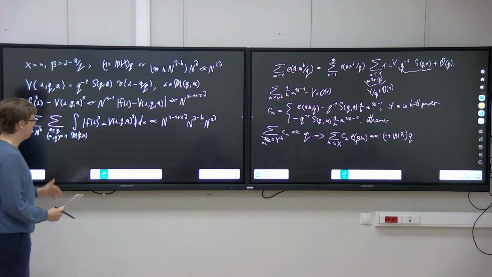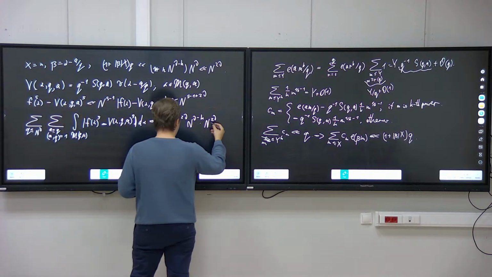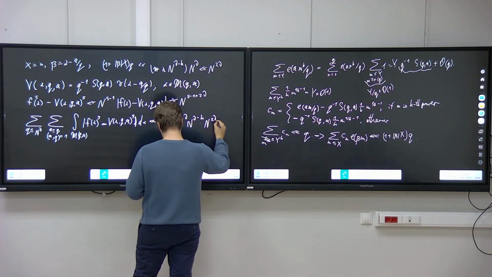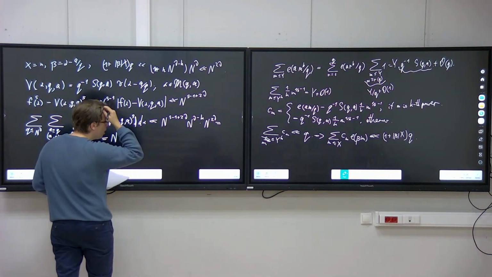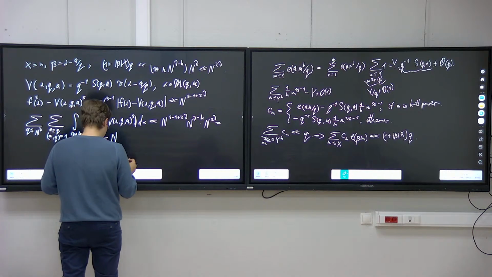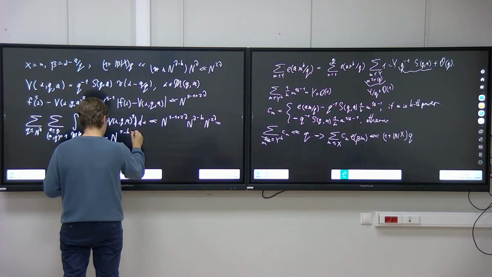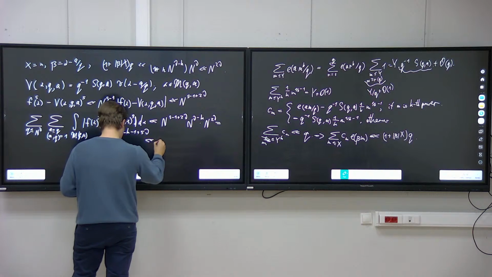All such pairs. So with our estimate, it's n to which power? n to the power s minus k minus 1 plus 5 nu, less than n.